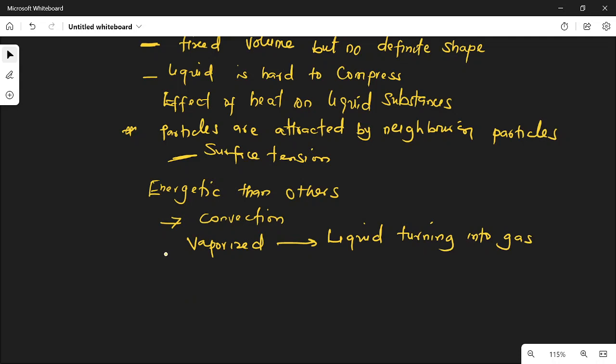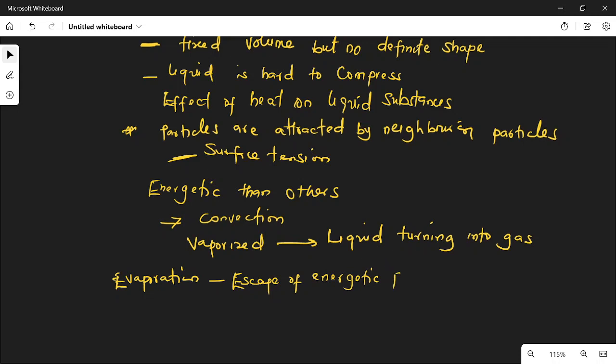Very, very important. So we need to understand that evaporation is the escape of energetic particles. Let me write that so that we understand. So evaporation is the escape of energetic particles.